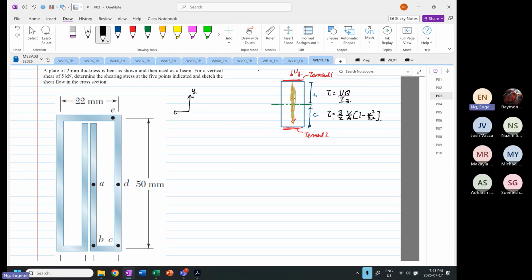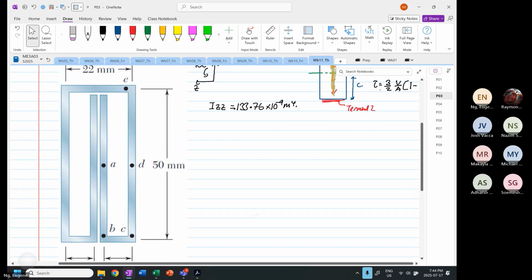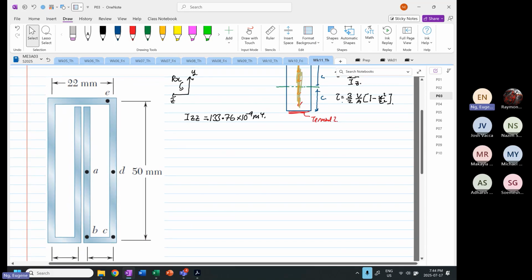So this is our Y, this is our Z, this is our rotation bar X. So our I_ZZ will be equal to 133.76 times 10 to the power minus 9 meter to the fourth.